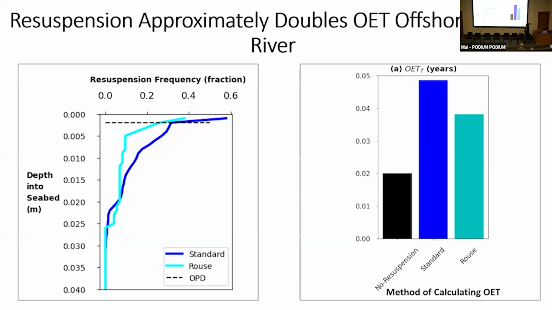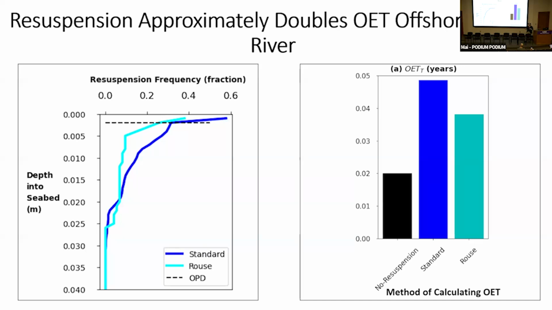I'm showing you 2 bars here and 2 profiles here because we calculated it 2 different ways. We already had a really calibrated model set up, the hydrodynamic sediment transport model that we worked with Christoph's group to validate. However, at many sites this isn't available.